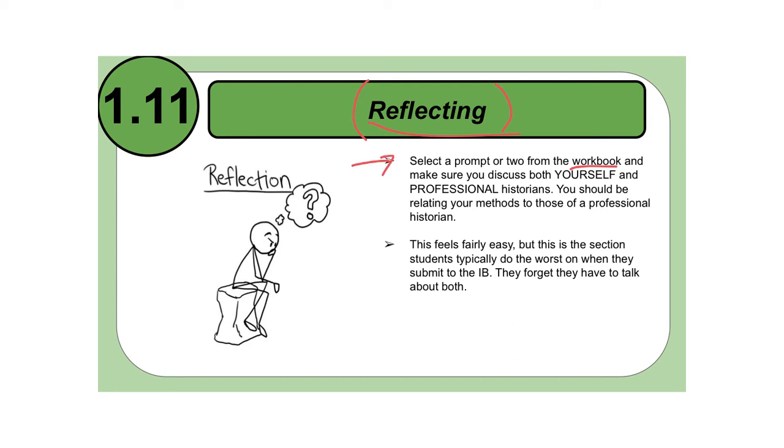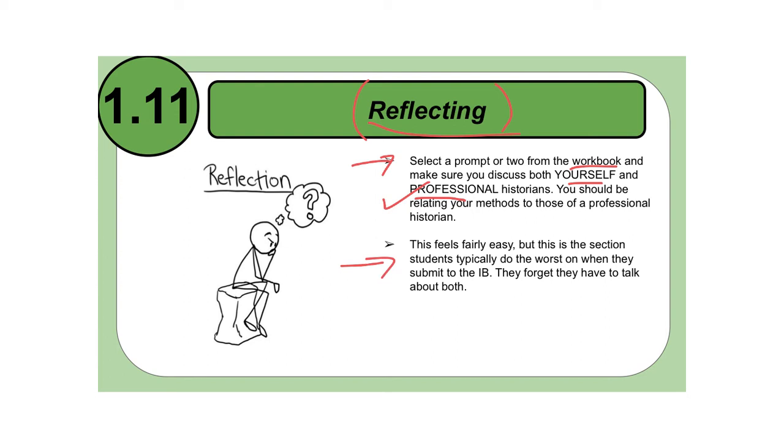You're going to discuss both yourself and professional historians, comparing yourself and an actual historian. And of course, a lot of people are like, well, this is very easy, we get it, Albrecht, that's fine.